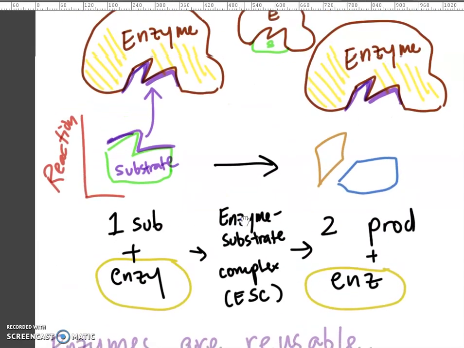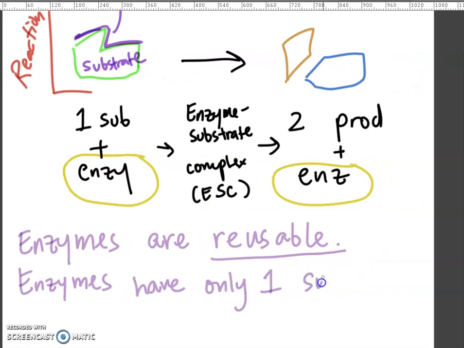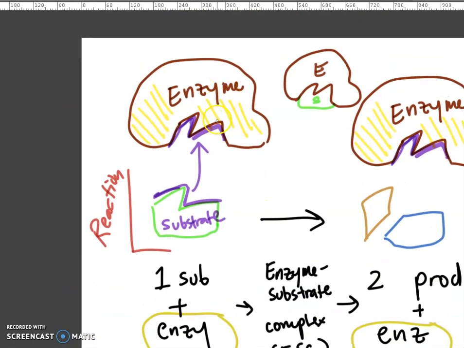Now your enzymes can only fit this one thing. They have only one type of substrate. So you'll see here that it's got a shape. The only substrates that can fit in here are the ones with this exact shape.